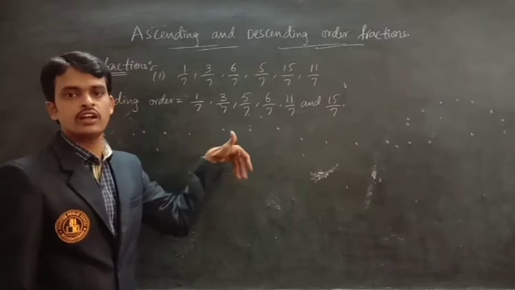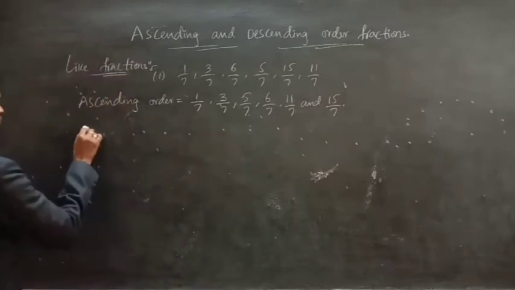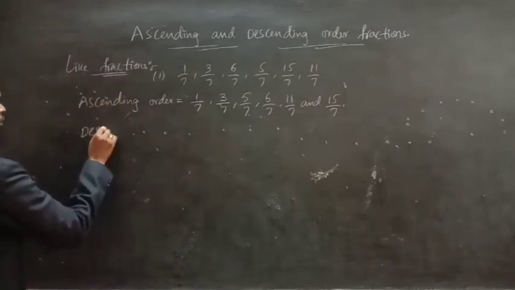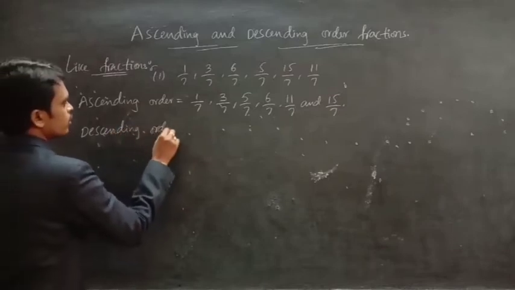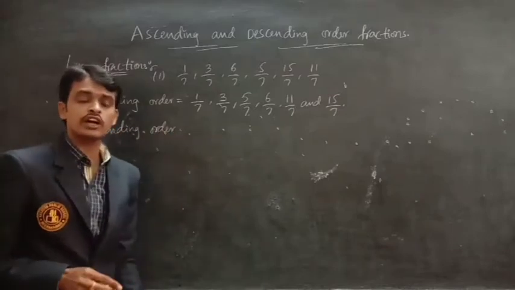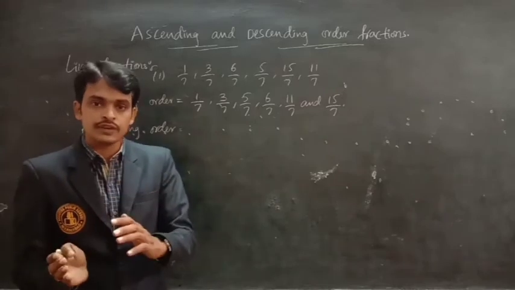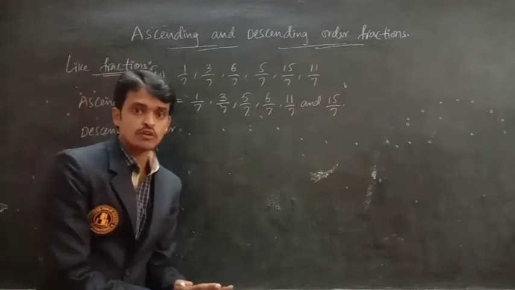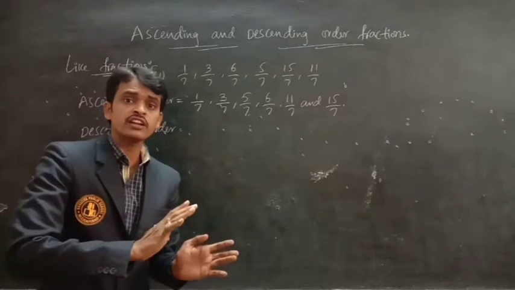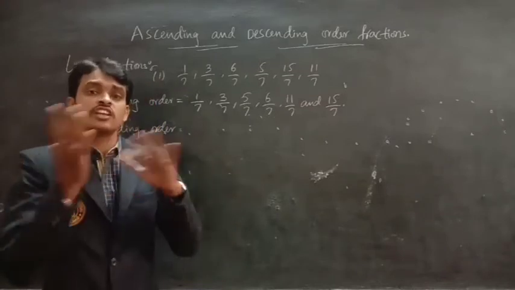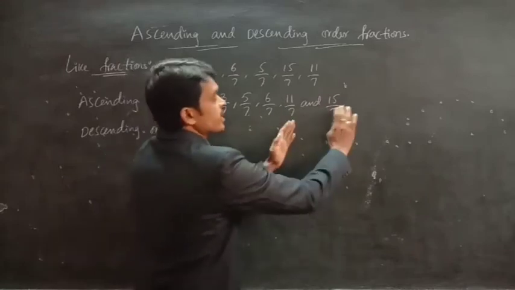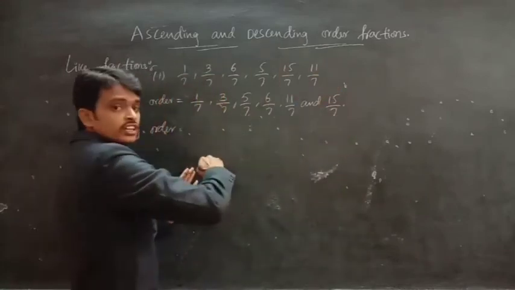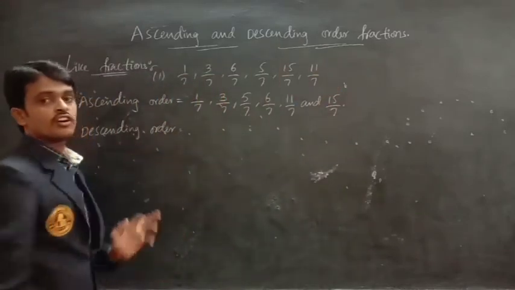Next we will write the descending order. Descending order is nothing but writing the fractions from biggest to smallest. It is quite the opposite of the ascending order. This is smallest to biggest; if you write it in reverse, it will be the descending order.